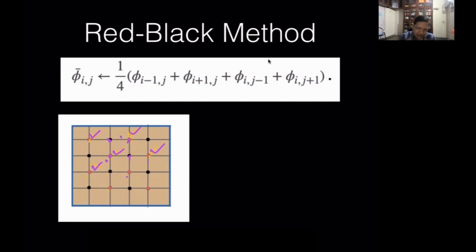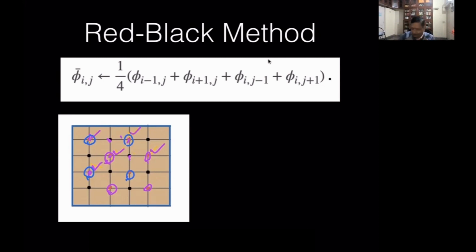So I use this red, this red, and this red in one shot, vectorized. Second will be this red, this red, this red, and this red. Then black, one black. So we are doing it in 4 steps, and these steps are akin to using Gauss-Seidel. Not exactly Gauss-Seidel, but it works quite well.